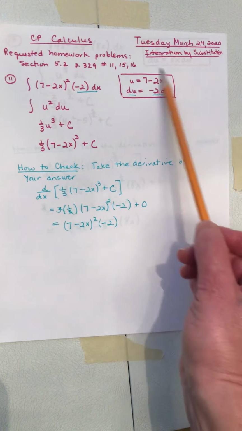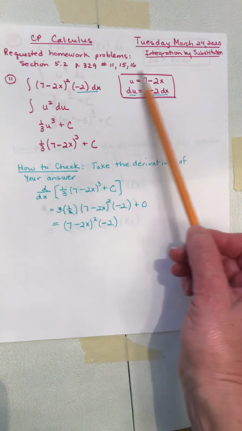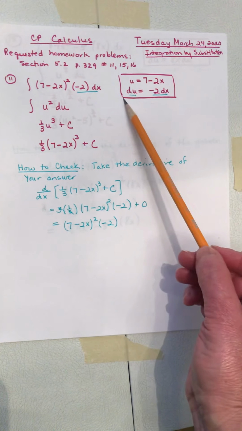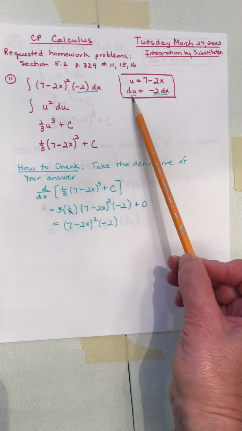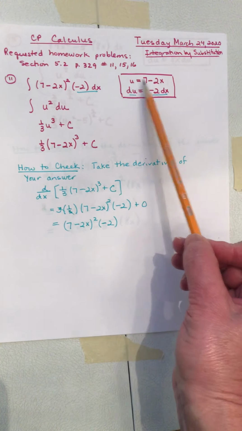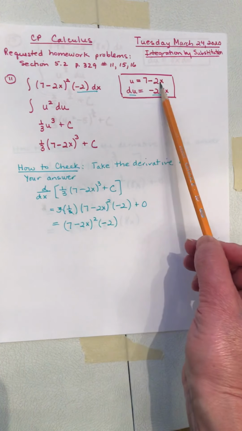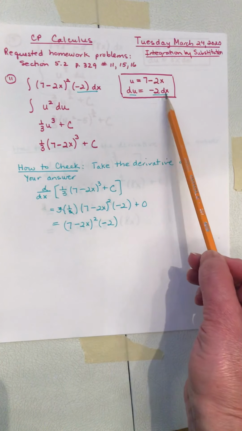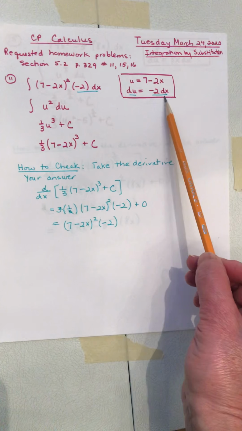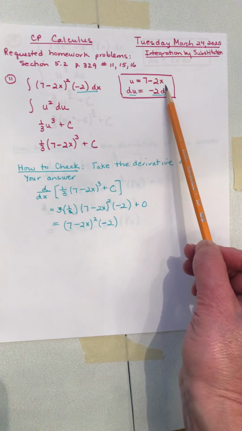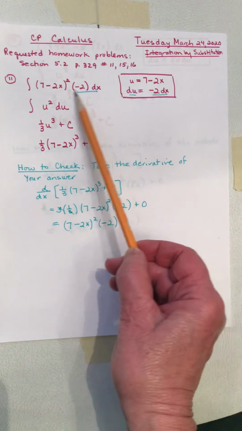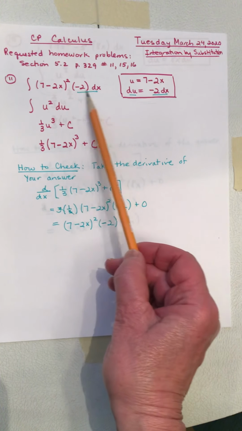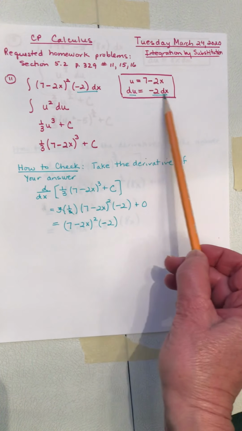Now we're taking this substitution and rewriting our original integral using it. I picked 7 minus 2x as my u, then took the derivative, and I notice that the derivative, negative 2 dx, is the rest of the problem. That's why I have it underlined in blue here and over here.